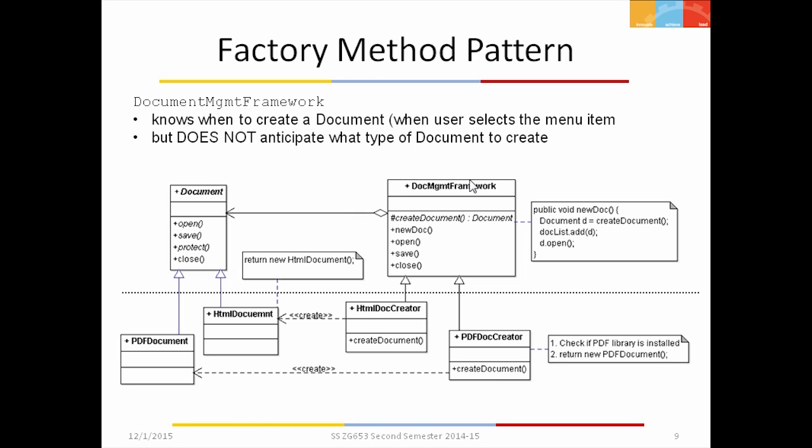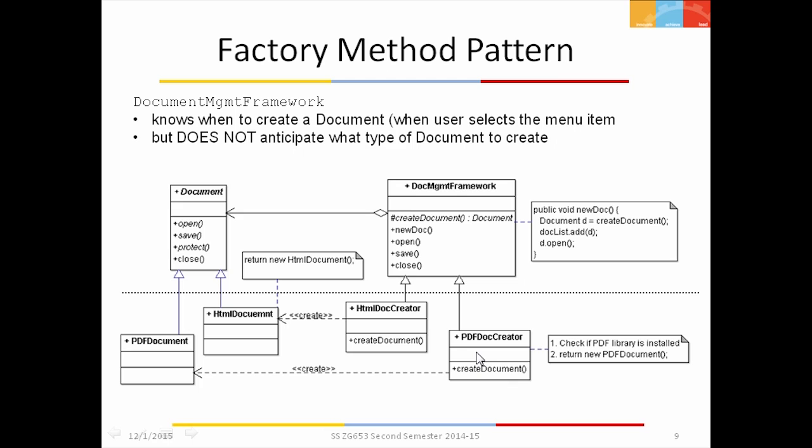So HTML doc creator basically creates an HTML document. Let's look at the example of PDF doc creator. PDF doc creator also creates a PDF document like this one. This PDF document is a subclass of document. Now in the create document method of PDF creator, it does an extra thing. It basically checks whether the PDF library is actually installed in the computer. If it is installed, only then it is created, otherwise it might throw an exception, it might throw an error.